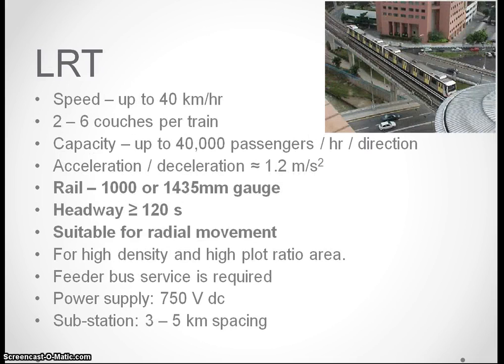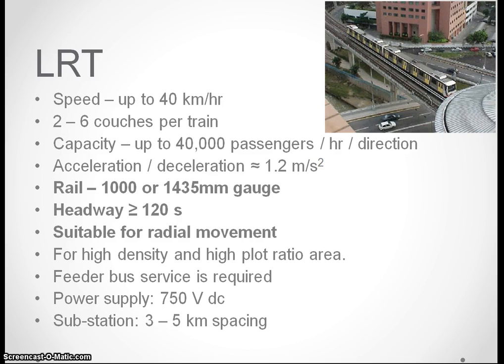And we have light rail transit, speed up to 40 km per hour compared to MRT's 100. This is only 40 km per hour. The number of coaches is between 2 and 6, and the capacity is up to 40,000 passengers per hour per direction, and the acceleration is 1.2 meter per second squared. Usually rail gauge is between 1 meter gauge to standard gauge 1.4 meter gauge.